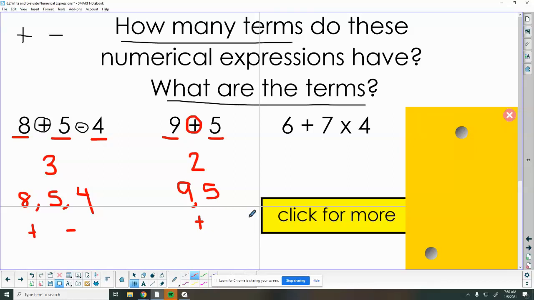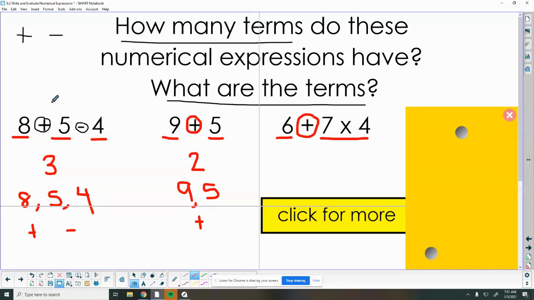So 6 plus 7 times 4. Then we want to go and circle any of the adding and subtracting operations. So everything on this side is 1 term, and everything on this side is 1 term. Every time I have 1 add or subtract sign, that means I have 1 more term. I had 1 add or subtract sign, so I had 2 terms.